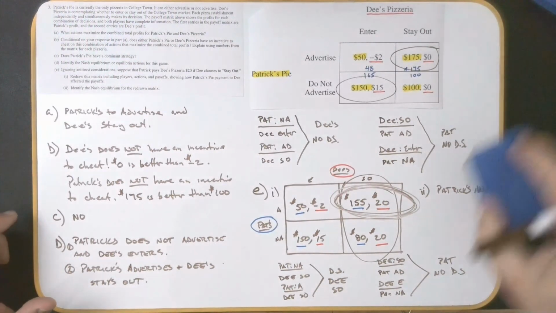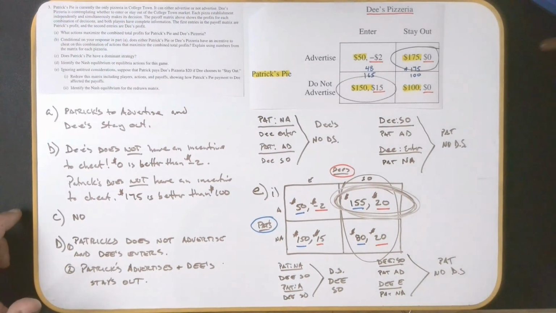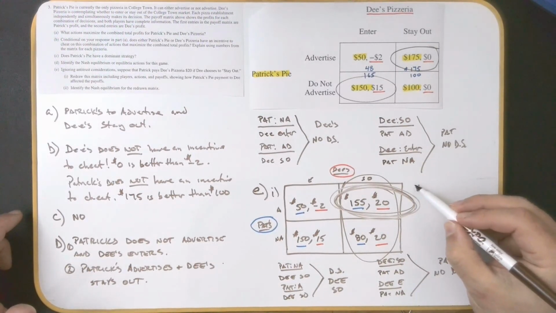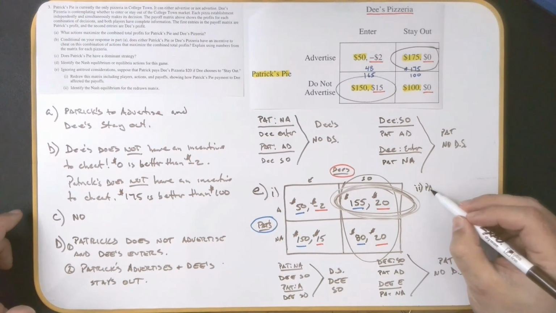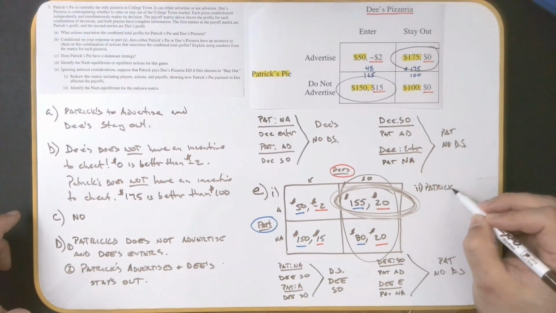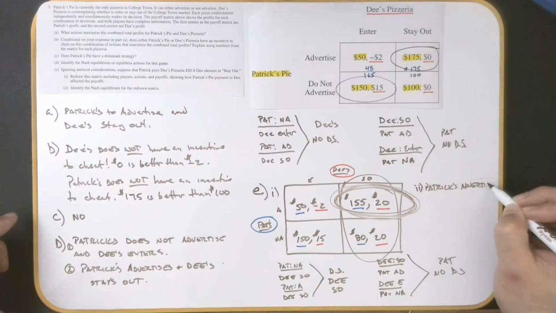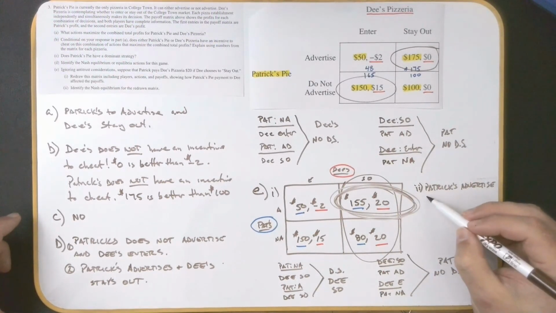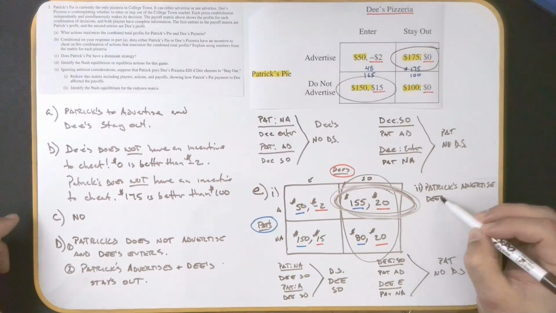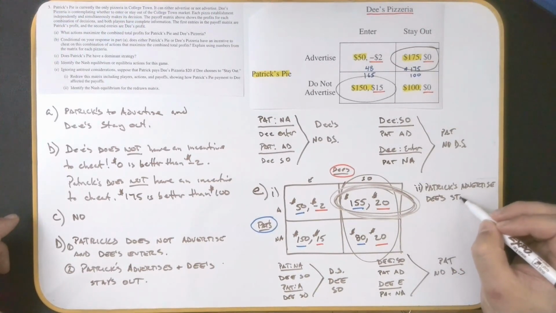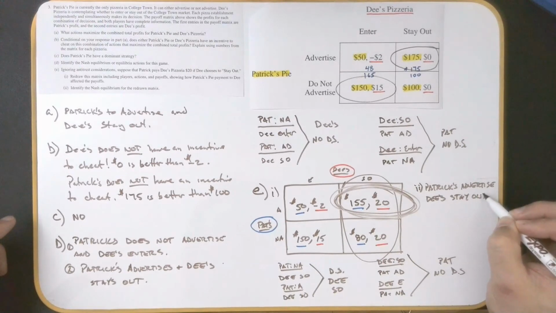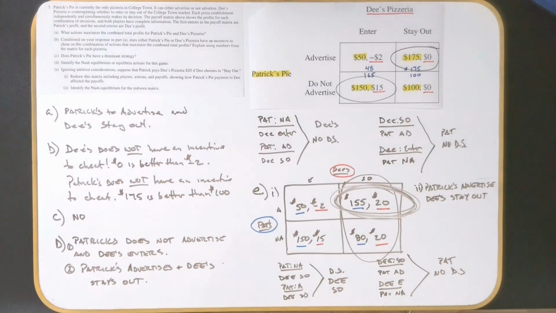And yeah, let's just move that over. Patrick should advertise, and D should stay out. Okay, which is that quadrant there.